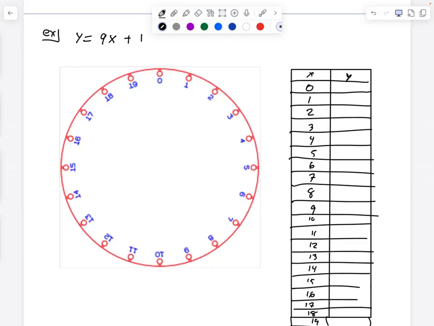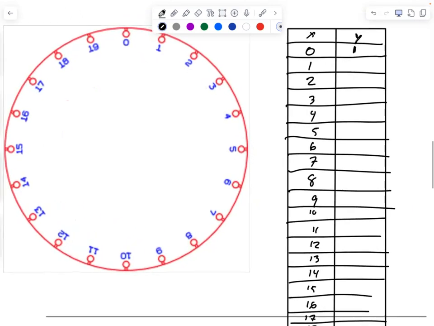And again, if you're struggling, the circle's here. So if you're like, I don't know where to go, 1, 2, 3, 4, 5, 6, 7. Plus 9 is what? 26. So 6.